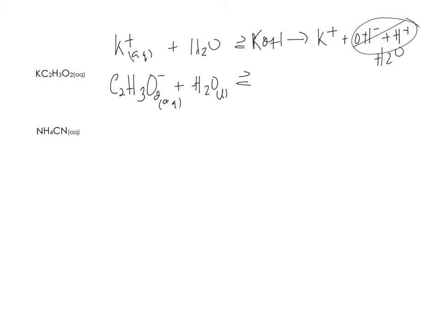However, the acetate ion will make acetic acid and OH minus ions. Because we made hydroxide ions, this is basic. So if you have a salt that contains a conjugate base of a weak acid, you will be making a basic solution. If you make OH minuses, you are basic.